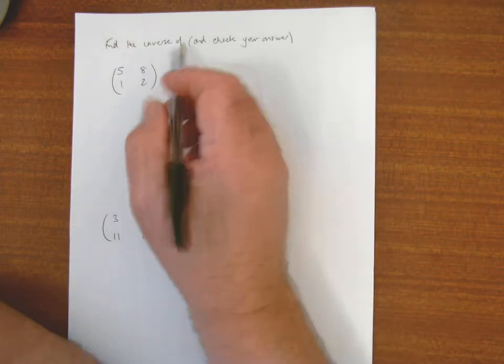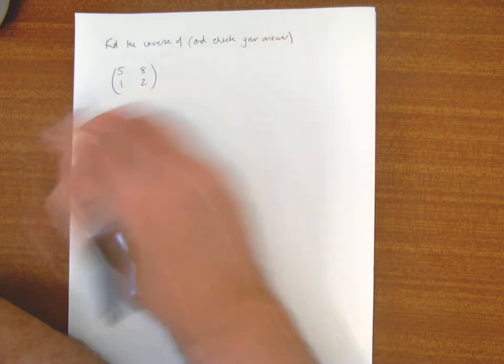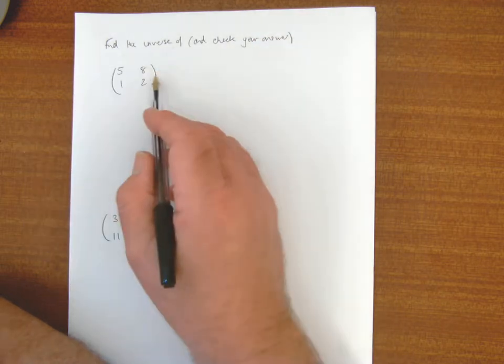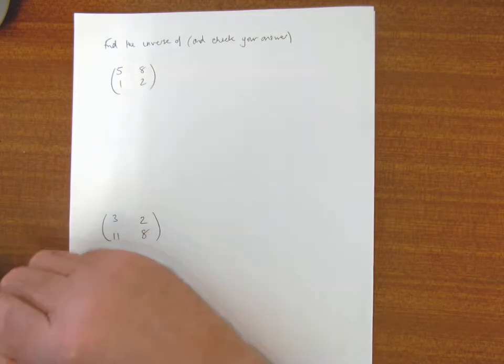Okay, so moving on to find the inverse of a matrix. Now then, to find the inverse, it involves the determinant, but it also involves swapping the numbers around.